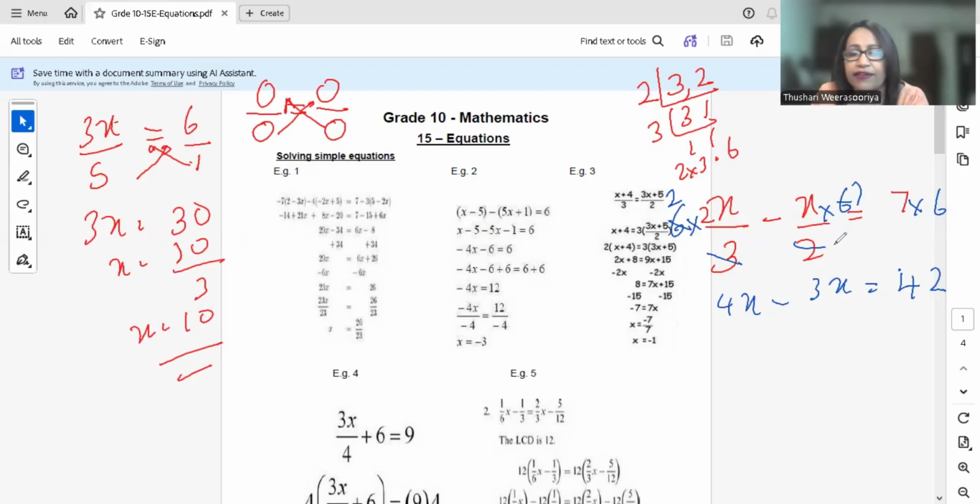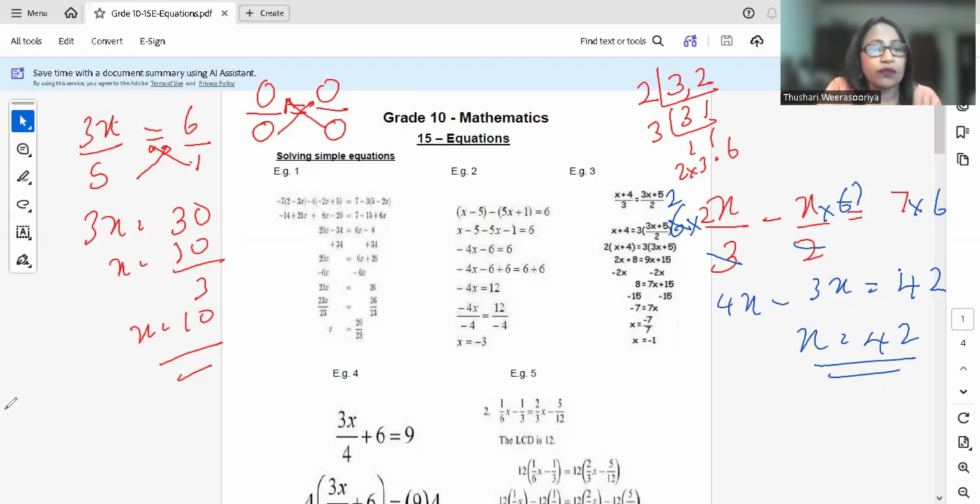The best thing when you have fraction form is to remove it. To remove it, you get the LCM and multiply every term. Then you get a nice, very simple equation. That is about simple equations.